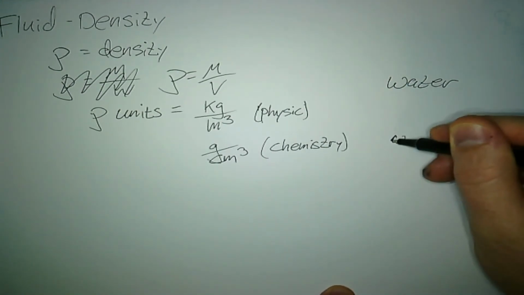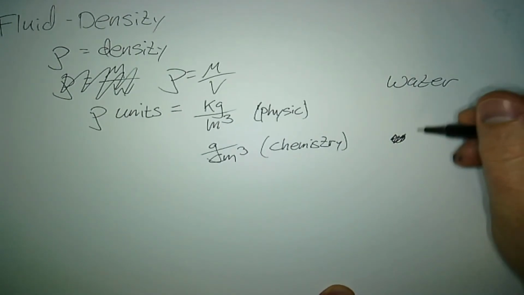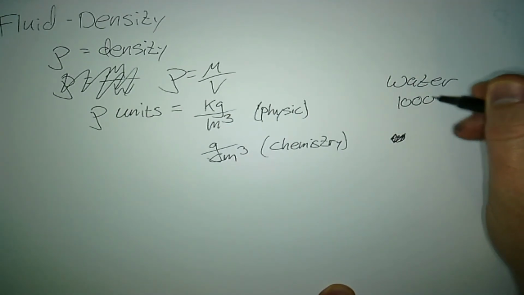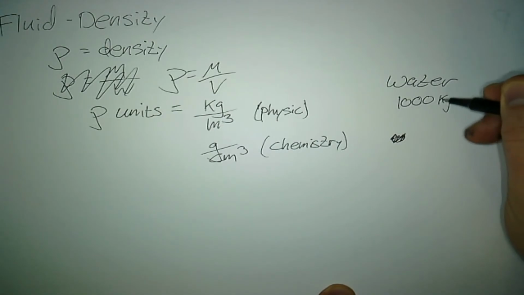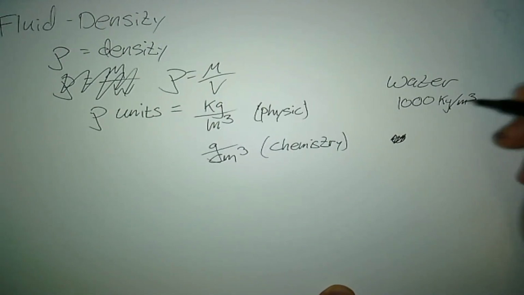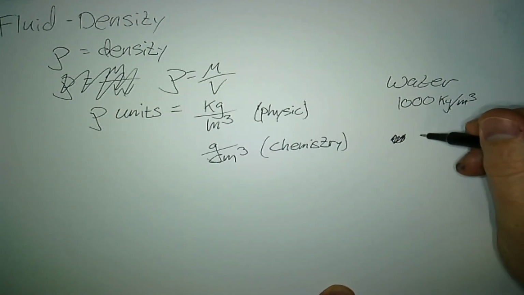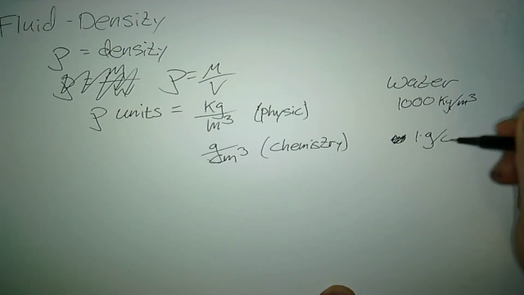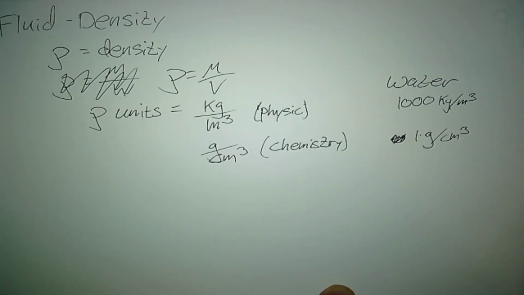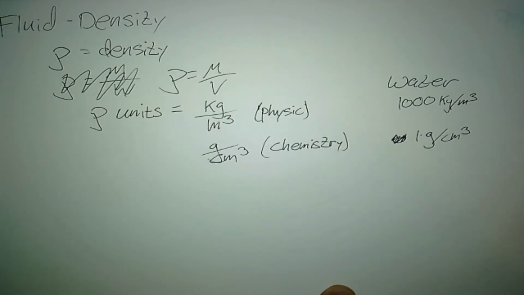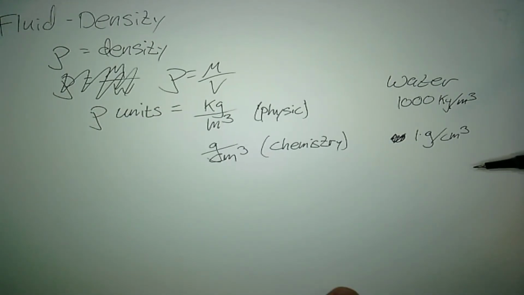The density in physics is 1,000 kilograms per meter cubed, and the density in chemistry is 1 gram per centimeter cubed. It's the same number, but it looks very different.